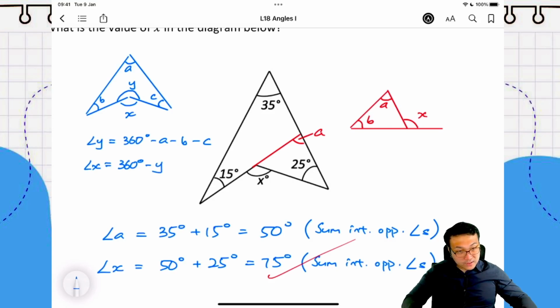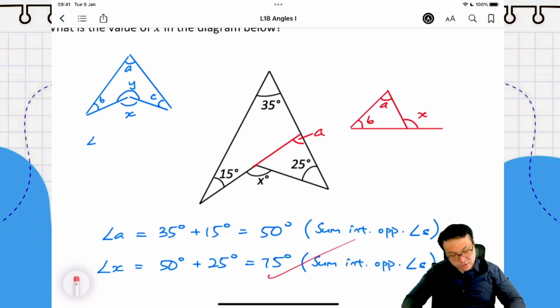So effectively, angle x equals... effectively, you can straight away find angle x. You just need to add up. I think this is even faster than my method. Very good.